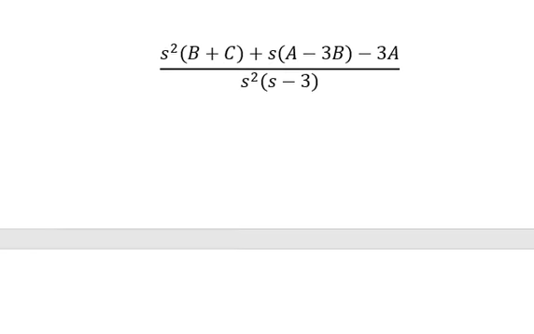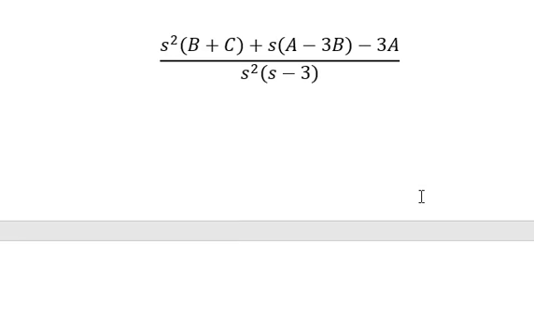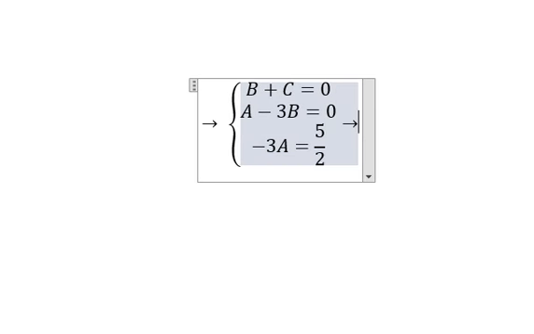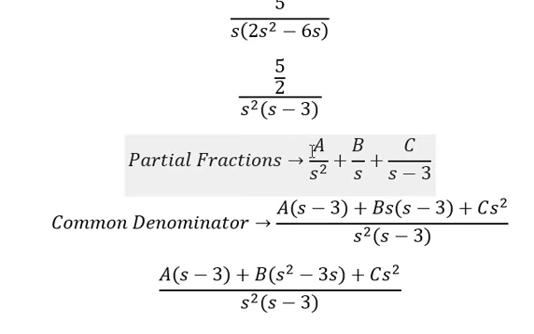And now we create the system of equations. Now we need to find the solutions of A, B, C. So we find A, B, and C. Now we put this one go back in here.